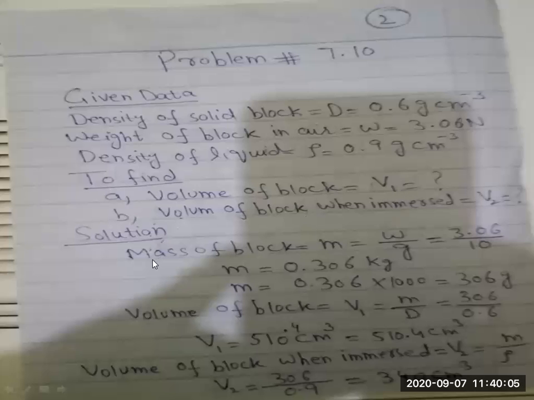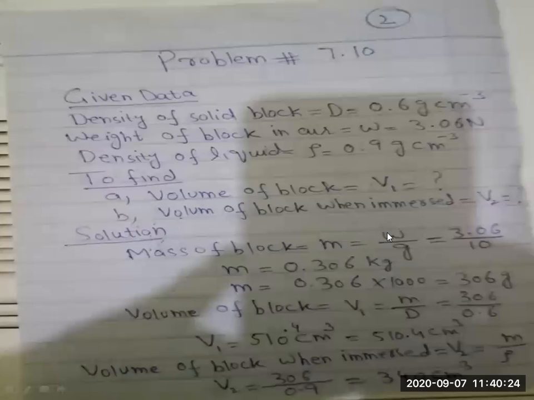You know the formula W is equal to mg. From it, I separate out mass, because mass is not given to me, and in the density formula we need mass. That's why I'm finding the mass.